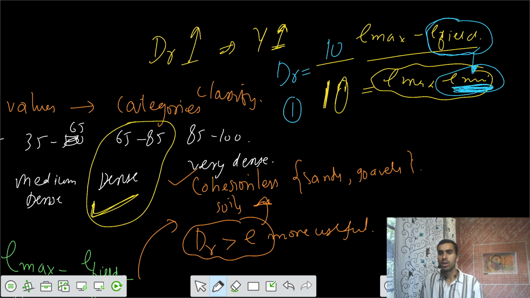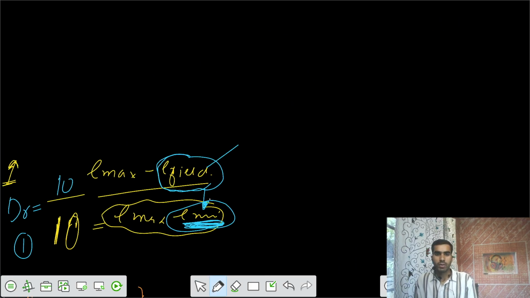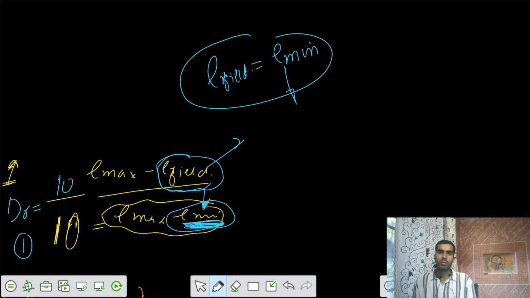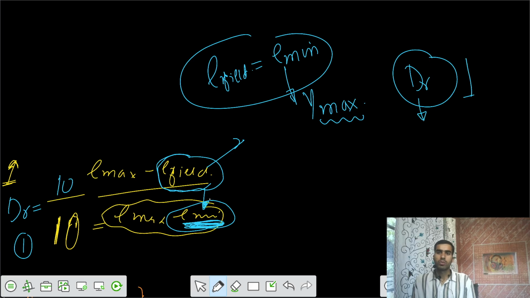So your actual field void ratio is almost equal to the minimum void ratio, and at that condition your gamma is maximum. So Dr is a function of density. If Dr is almost 1, your density is around the maximum possible value.